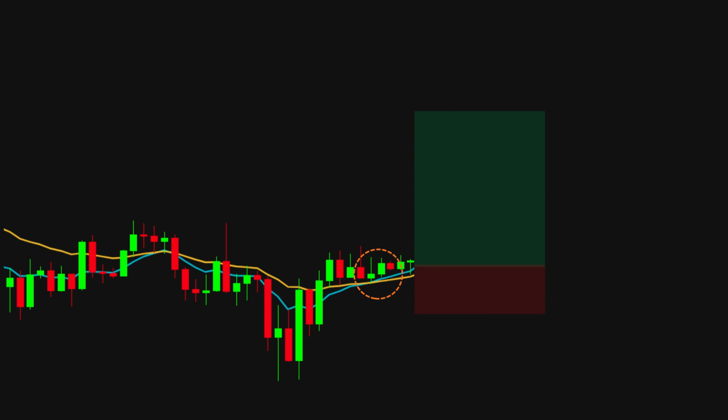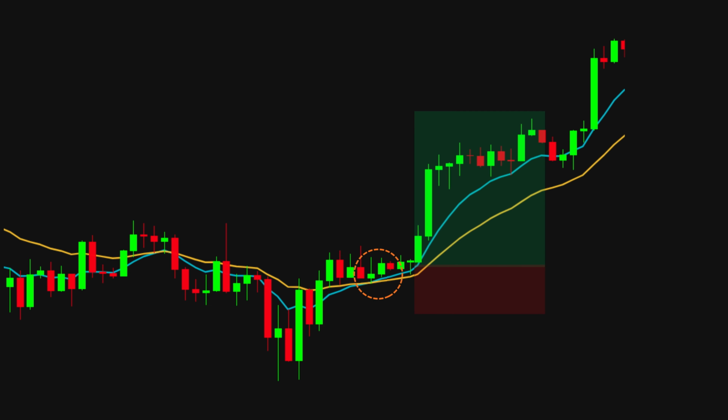For your stop loss, place it below the most recent swing low formed during the pullback. This protects you in case the crossover fails and momentum reverses. Your take profit can be set using a fixed risk-reward ratio, such as 1:2 or 1:3, meaning you aim to make 2 or 3 times what you risk.